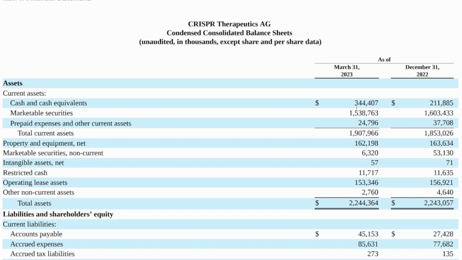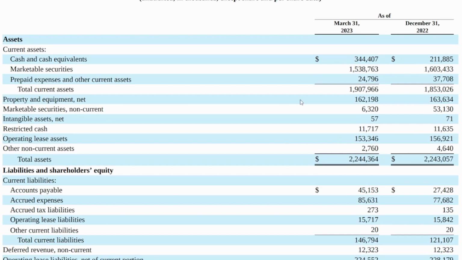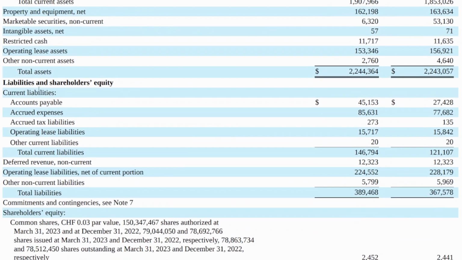So if we take our $1.882 billion in cash, remember that number, and take a look at the liabilities, you'll see a few different areas: current liabilities and long-term liabilities. The current liabilities are short-term liabilities. These are your bills that you're going to need to pay in the next little while.